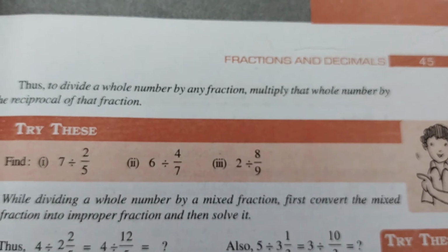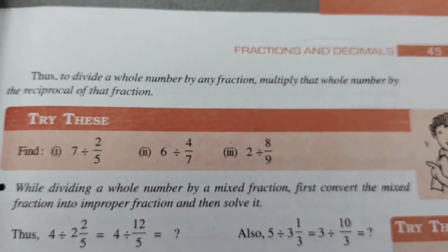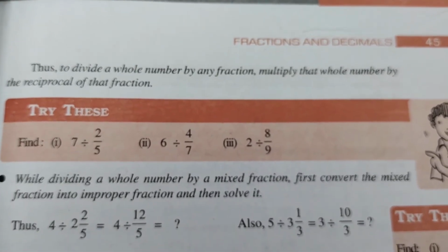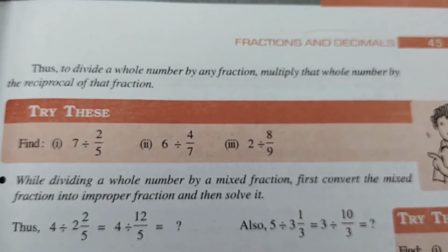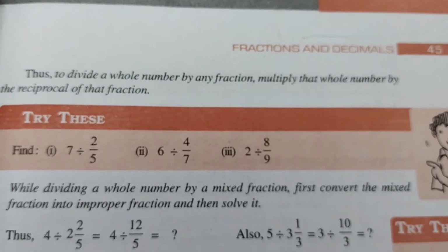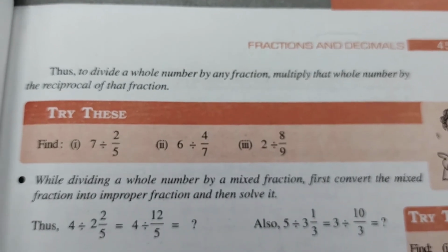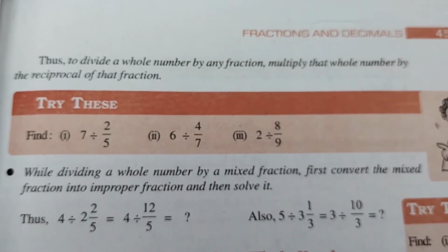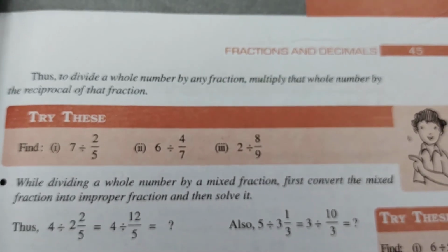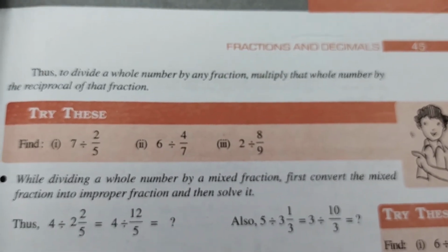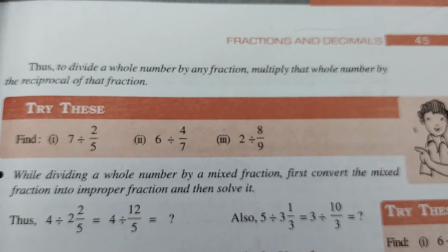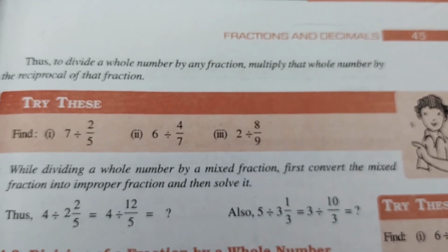If it is proper or improper, we find the reciprocal, then we multiply. If it is a mixed number, first we convert it into an improper fraction, then we multiply with the reciprocal.